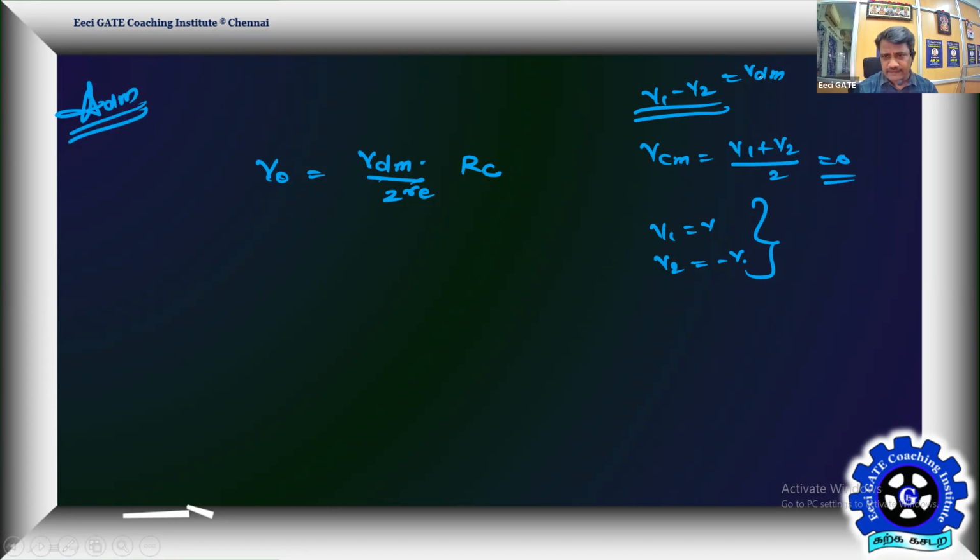But anyway, we are looking only at V1 minus V2, which you can call VDM. There is no component like V1 plus V2 by 2 in the output that I can label as VCM, only VDM. Then let me focus on the gain V0 by VDM, which is nothing but our difference mode gain.